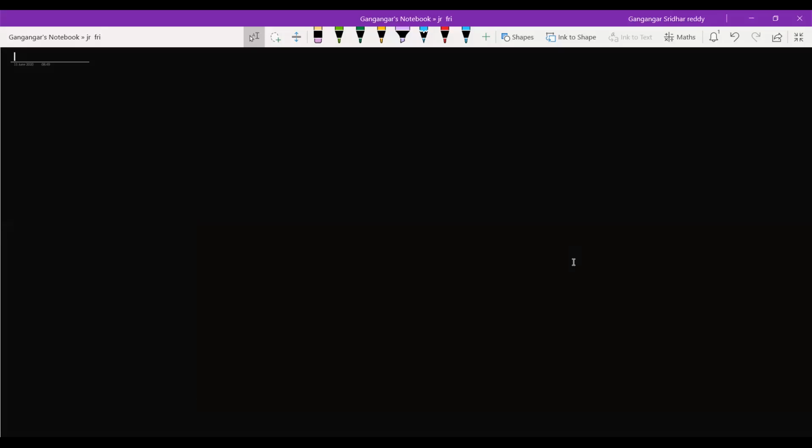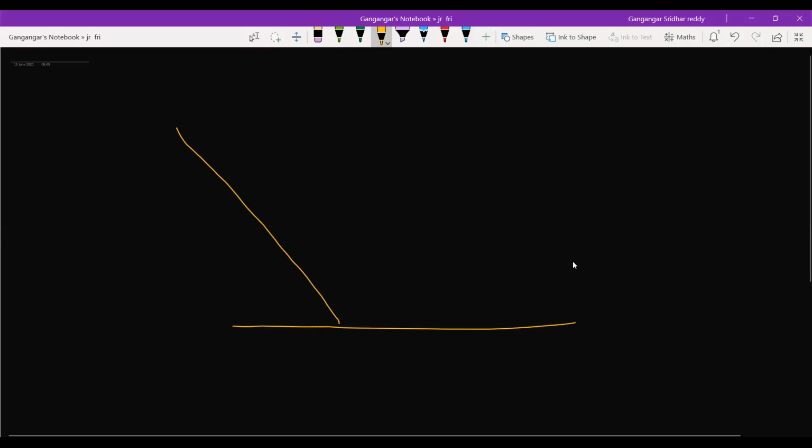Okay, take the problem. Already we have discussed. So I'm asking the same question in a similar way. There are two inclined planes. This is alpha, this is beta.